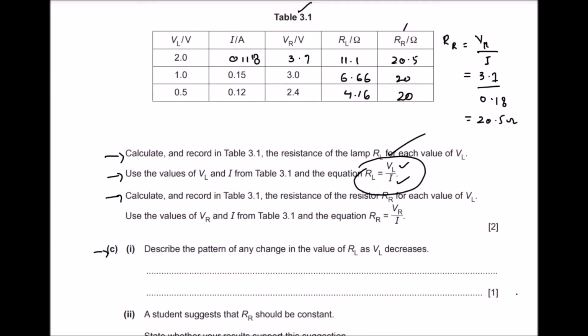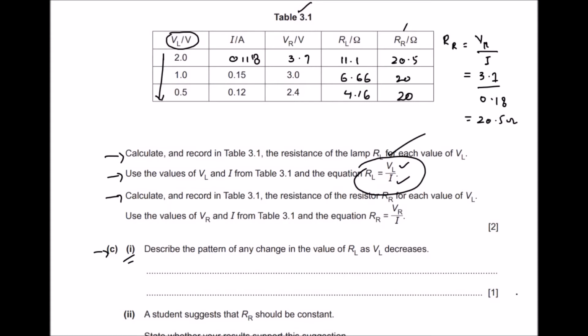Part C1. Describe the pattern of any change in the value of RL as VL decreases. Go back, check with the table. This is VL, voltage across the lamp. It decreases from 2 to 0.5. Then what happened with the resistance of the lamp?